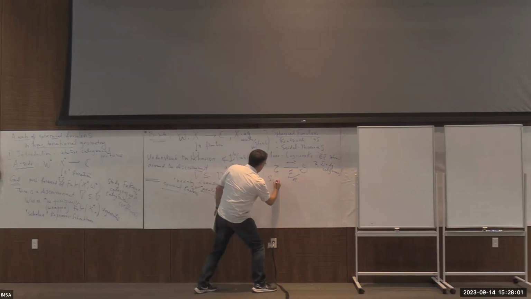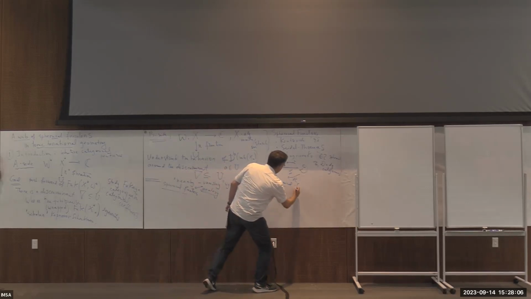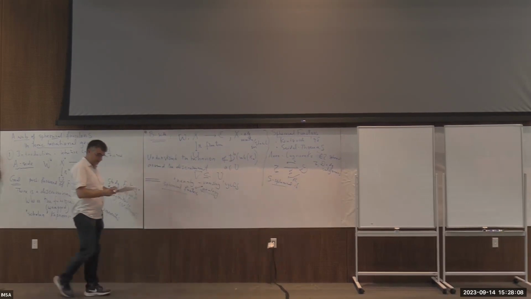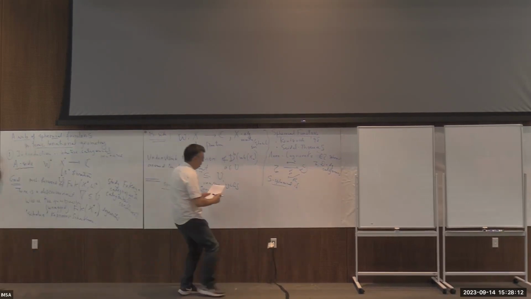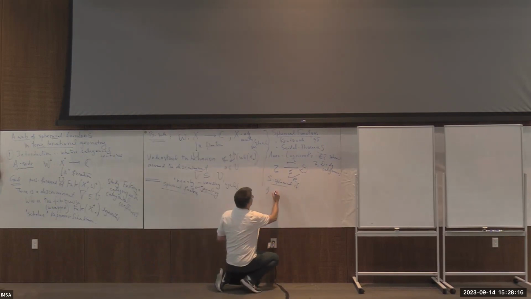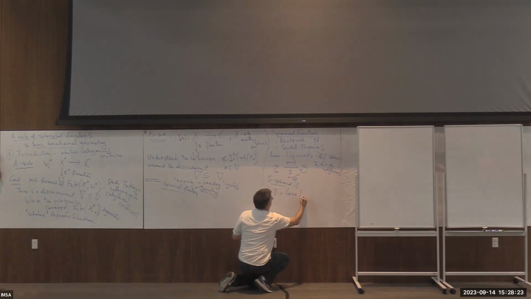So F is spherical if, and I'll write the formal definition, which I can never remember, it looks weird, but that's by design: one, T, which is the cone of this adjunction, is an equivalence.